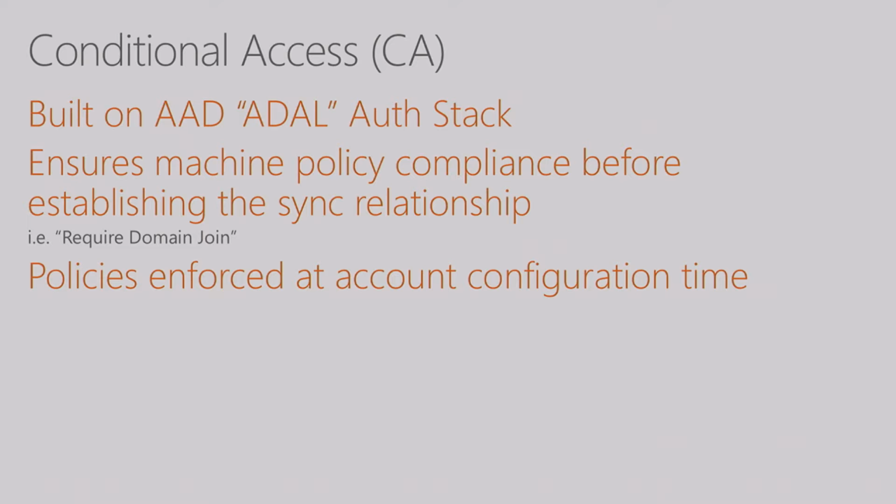Now, you can say, look, I don't want anyone to set up the sync relationship unless they're inside the walls of my corporation, and that's okay. It's just that once you've established a sync relationship, we believe the best user experience is for that sync relationship to continue. Again, you have control to break that sync relationship and wipe those files off, but not using this particular set of technology.